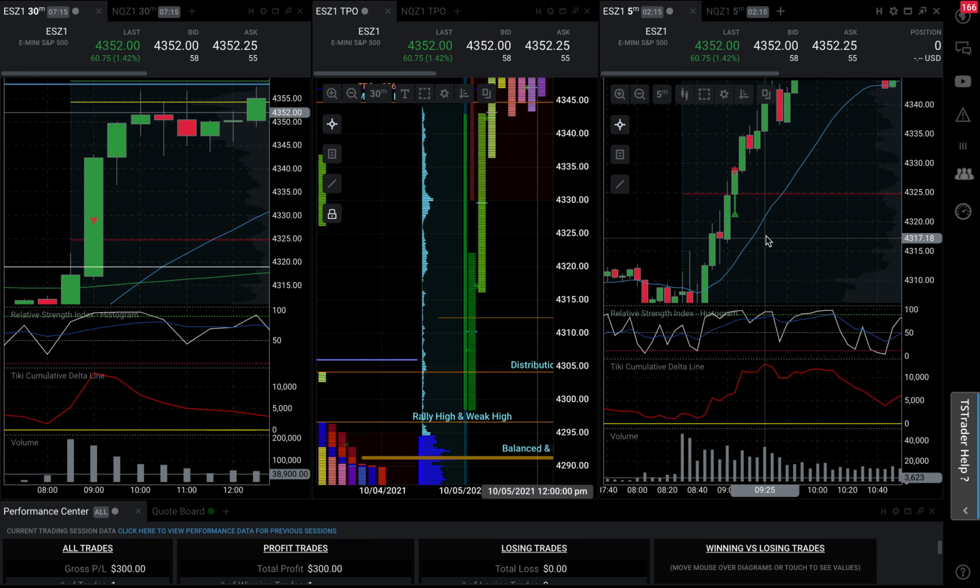And also, if you noticed, on the 5-minute, it's wicked. It's a wick test. We have a long leg with a basing candle and another long leg, and then we came back on that wick test.